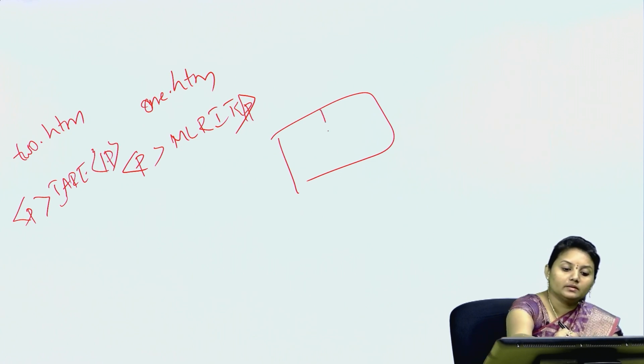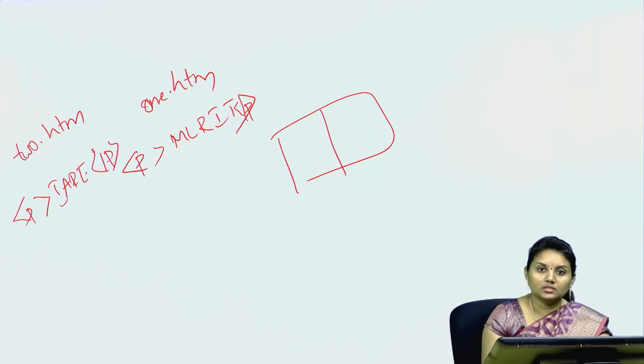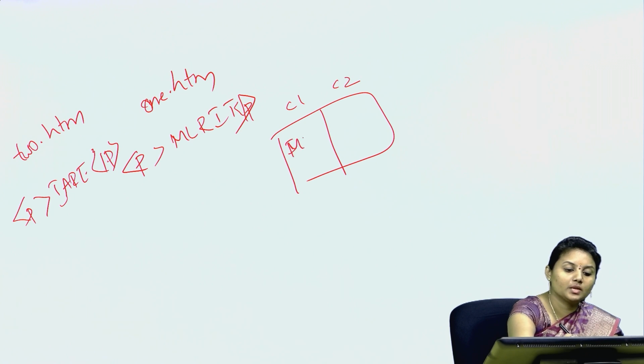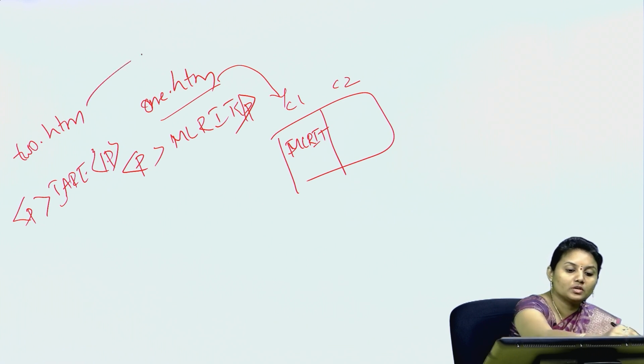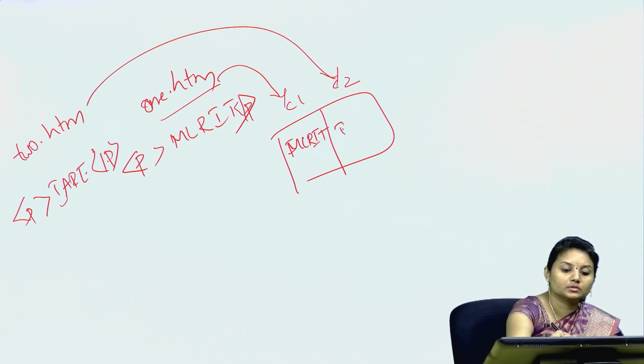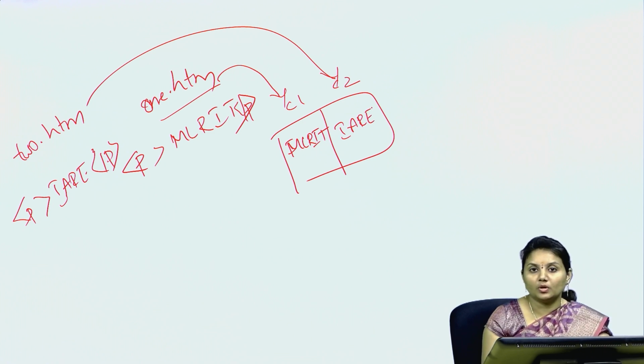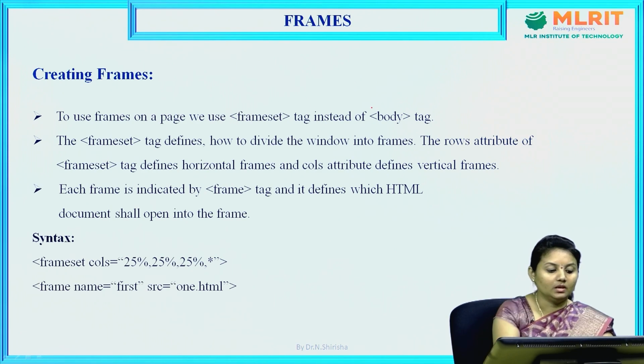Then when you give cols equals to 2 in a frameset tag, this will be col 1, this will be col 2. Here you will get MLR IT because this is col 1. The 1.html you are giving is the first one, 2.html you are giving for this one. So how many pages do you have in one page? 2 pages. In this way you can give the source.